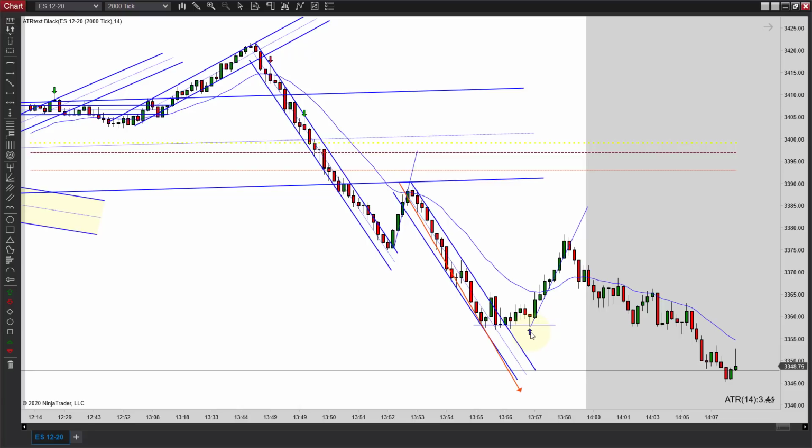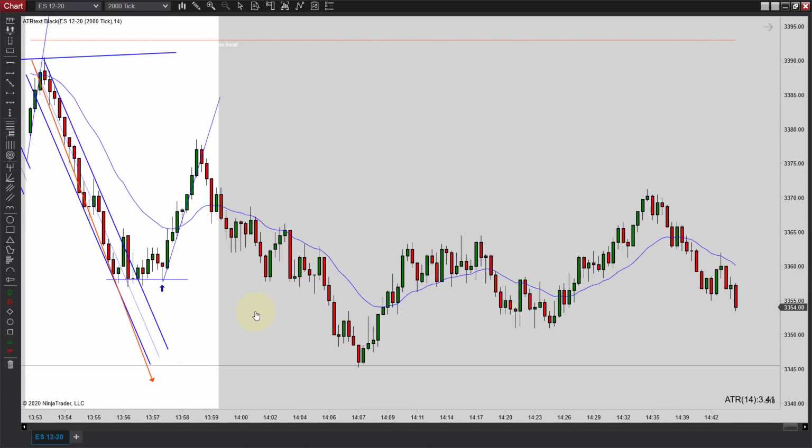This one, you could probably argue for it to be green because that's a big sell-off. And we don't have two measured legs yet. But like I said, when you test something that many times, you're probably going to get a bounce. And you can see we might have tested a couple more times before prices broke through. So that was strong support right there.